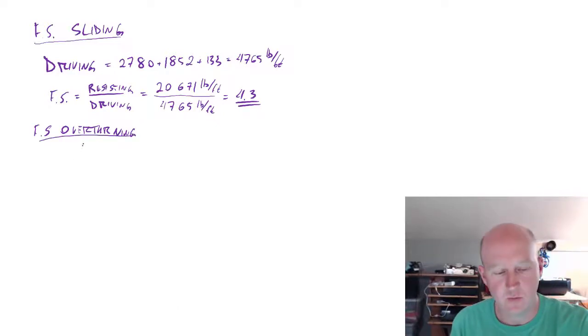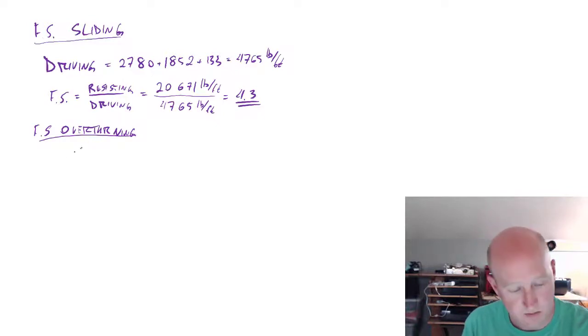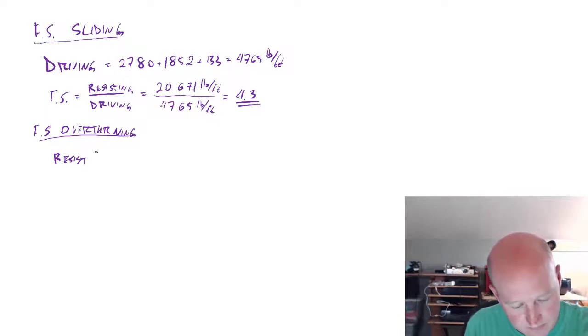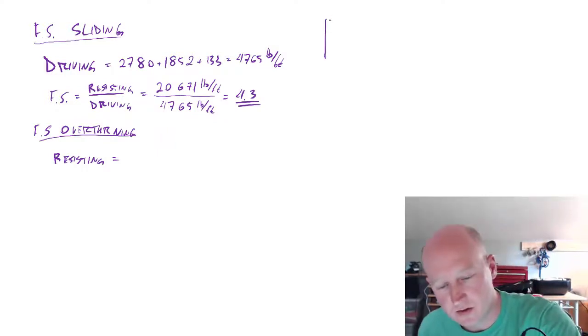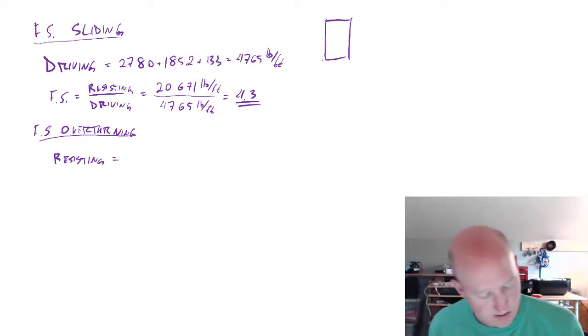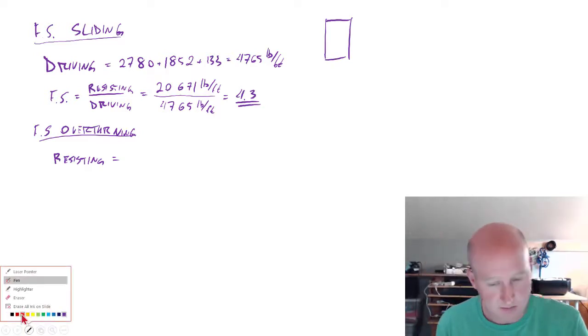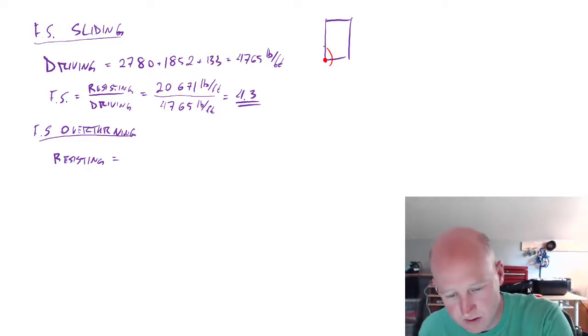So in this case, we need to know the resisting and the driving moments. And so first of all, if this is our object, this is our free body diagram, we're going to do overturning about this point at the toe.